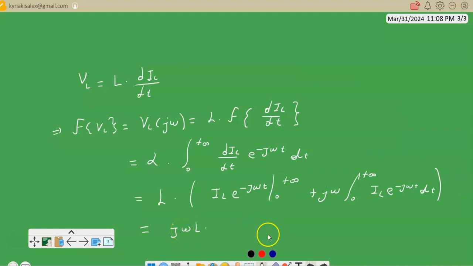I_L of j omega. From here I have that the Fourier transform voltage equals j omega L times the Fourier transform current.